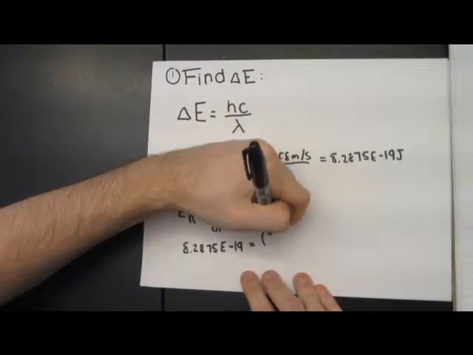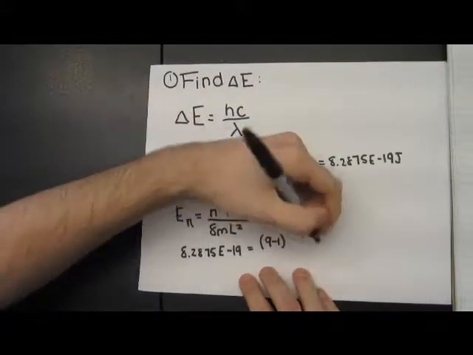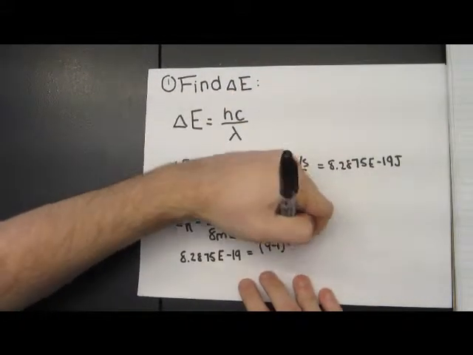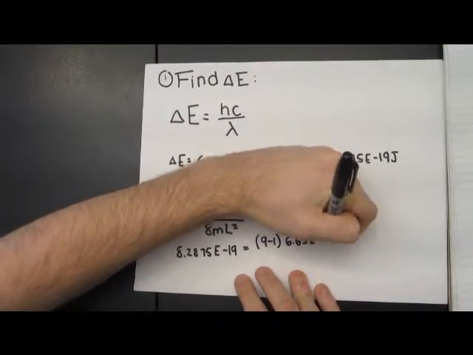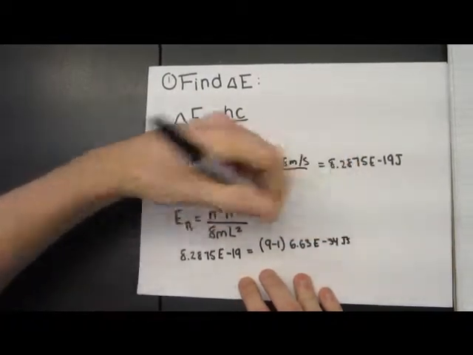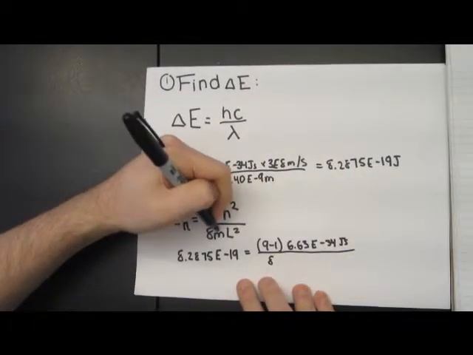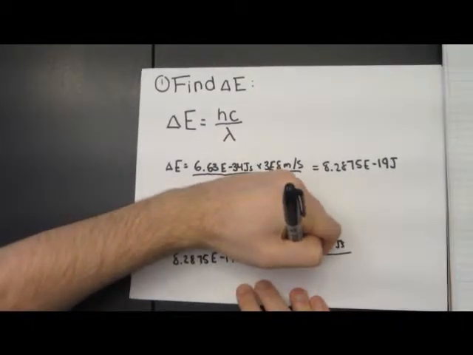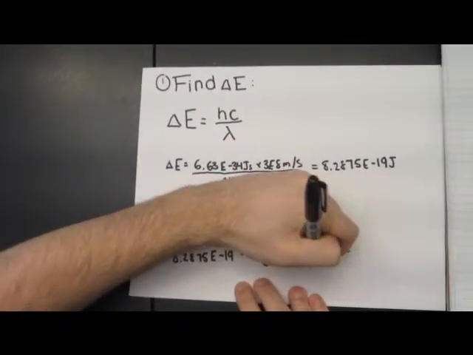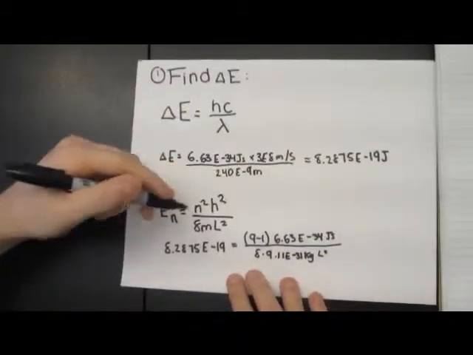So we'll have 9 minus 1, which will turn out to be 8, and it'll cancel with this 8 down here. Then we have Planck's constant squared, 6.63 × 10^-34 joules second, divided by 8 times the mass of an electron, which is 9.11 × 10^-31 kilograms, and times the length, which is what we're solving for.